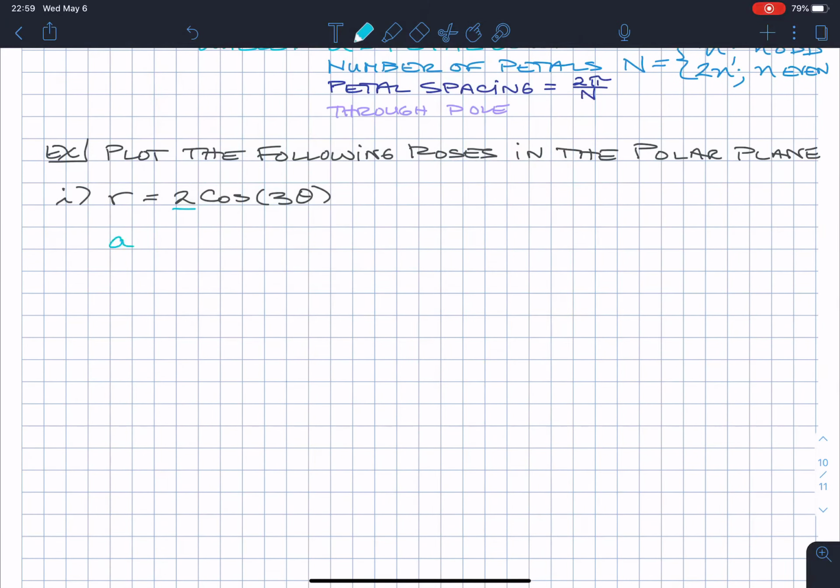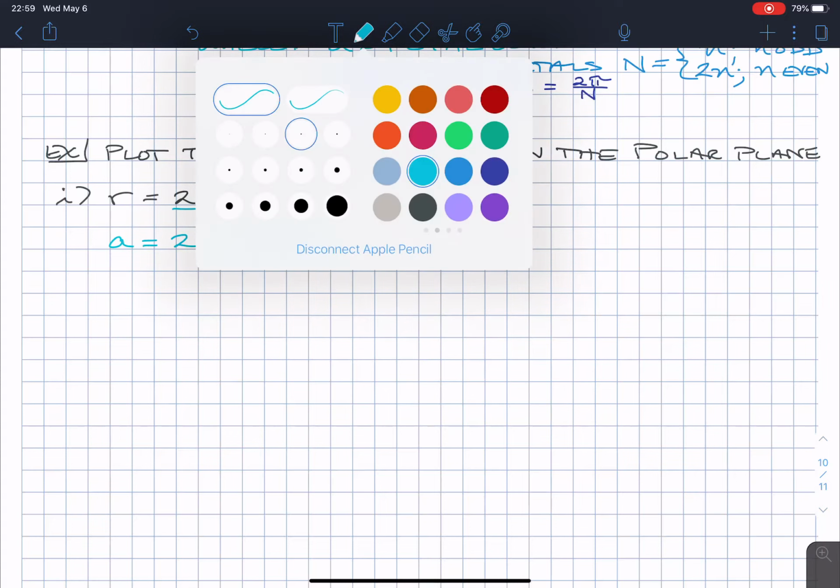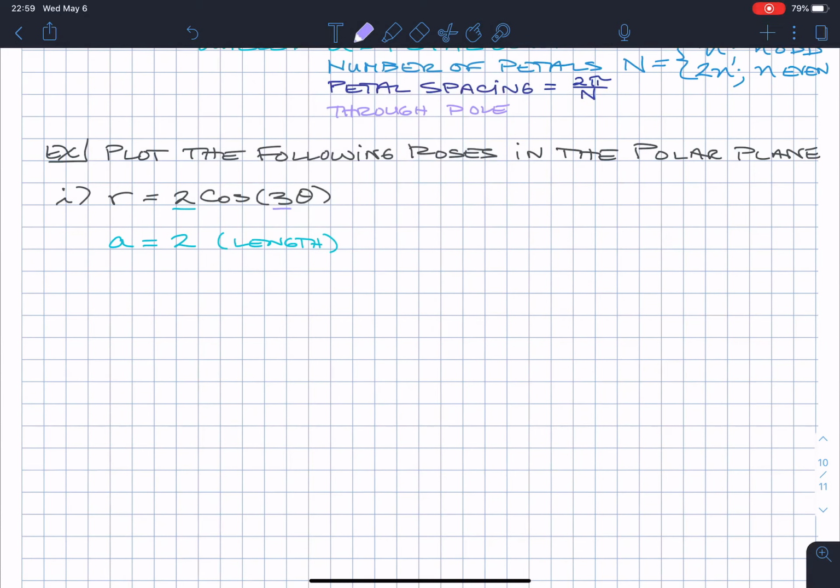A, the petal length, is 2. Little n, the coefficient of theta, is 3. Because it's odd, capital N, the number of petals, is also 3.